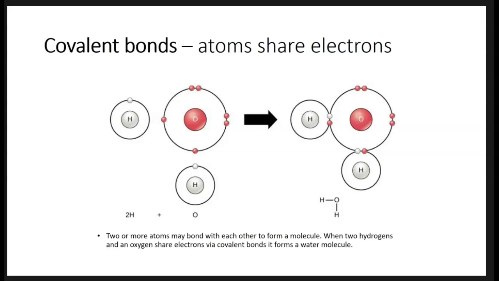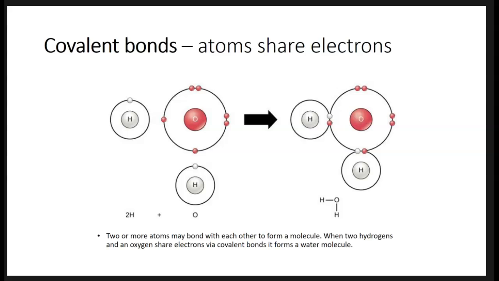So here we have hydrogen, which has 1 out of 2 electrons in its outer electron shell, and oxygen, which has 6 out of 8 electrons in its outer electron shell. And so hydrogen can share its 1 electron with oxygen, which also shares 1 of its electrons with hydrogen, so that hydrogen has a full shell.